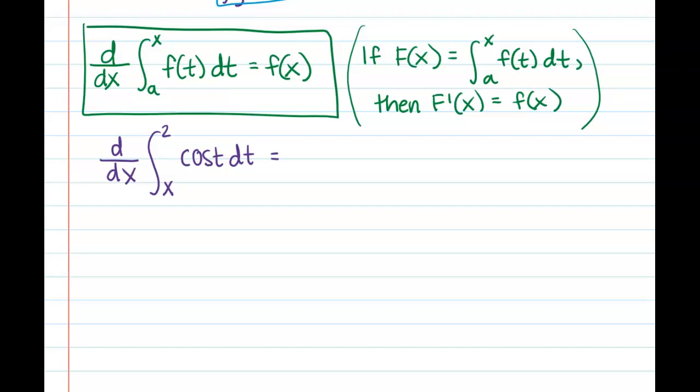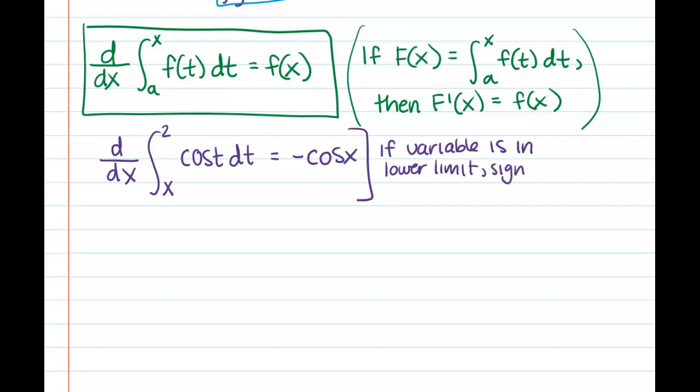So instead of being cosine of x, this is going to be negative cosine of x. Because if the variable is in the lower limit, the sign is opposite.